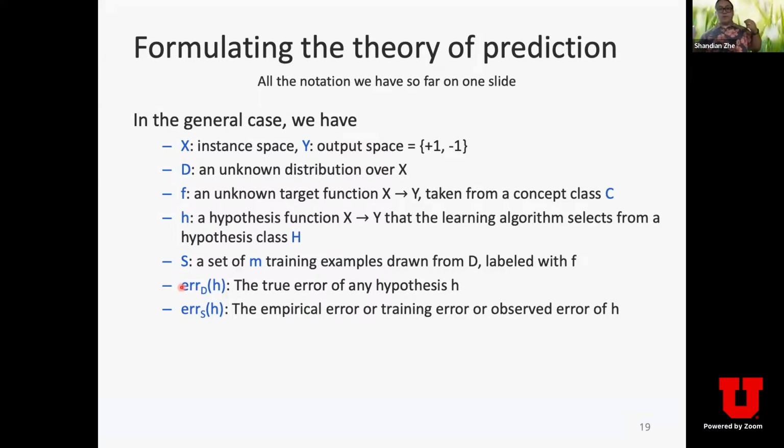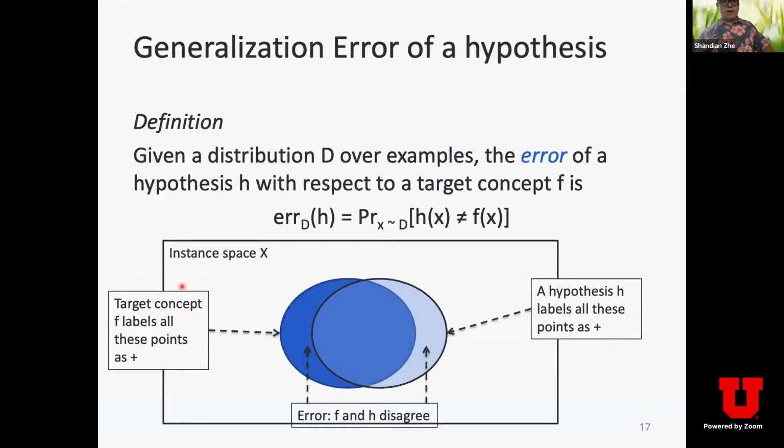If I want to know the true error, I might just find a bunch of test examples and test my error on that test data. But that's not the true error. The true error is defined as the probability that your prediction made by h disagrees with the prediction made by the ground truth.